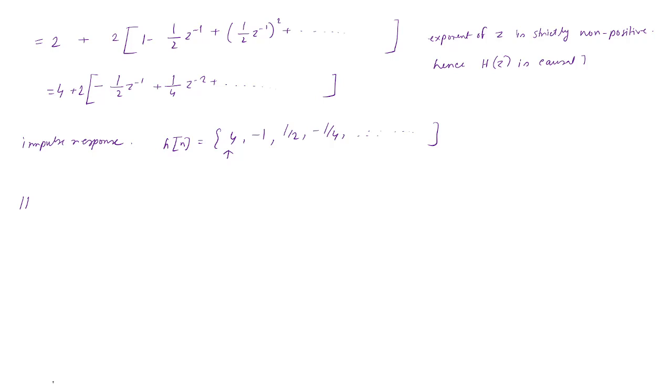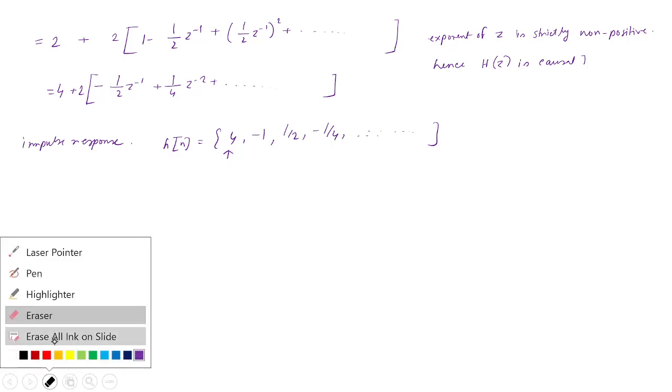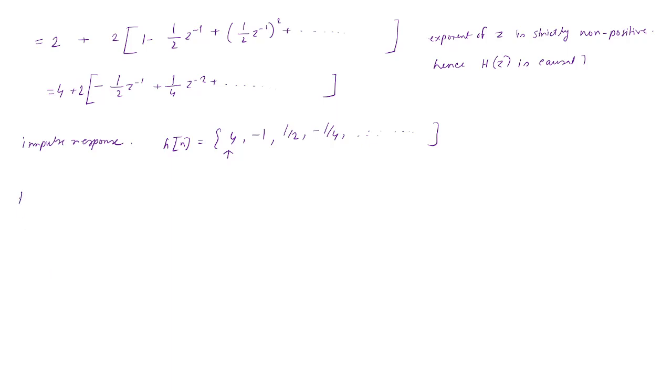Therefore H min of Z in option 2 is a minimum phase system.